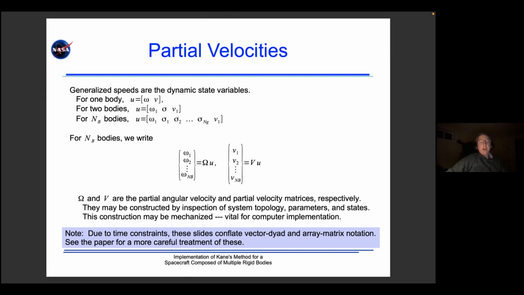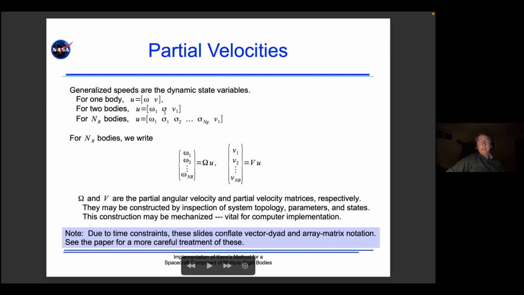As I start adding bodies, I add degrees of freedom, and for each degree of freedom, I want to add another generalized speed. So for 2 bodies, I'm still going to use the omega of the first body and the velocity of the first body as my state variables. I'm going to introduce another variable. I'm going to call it sigma.